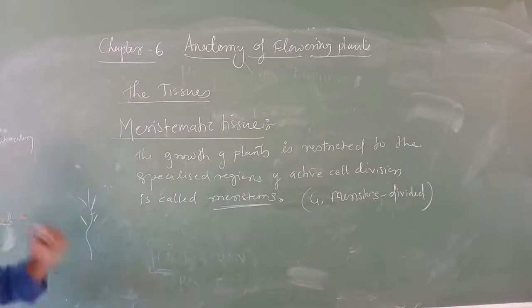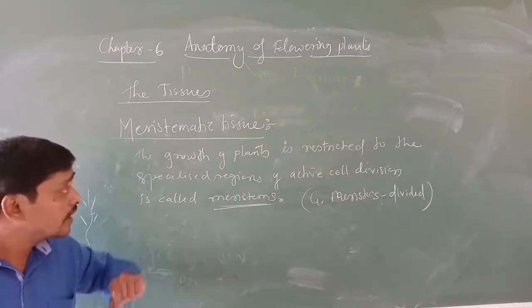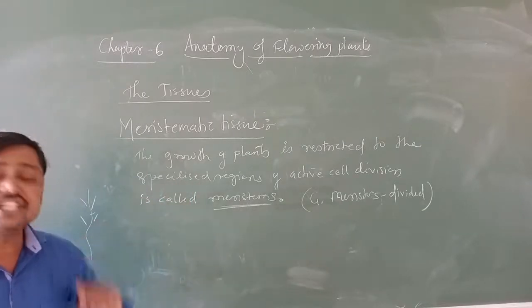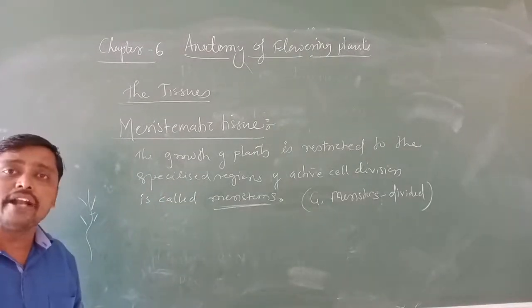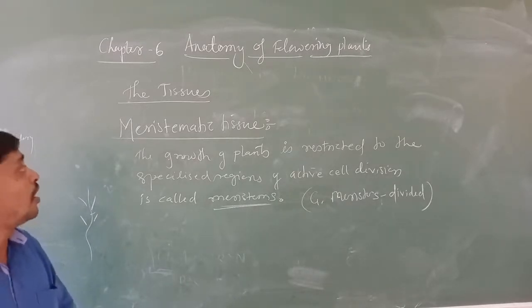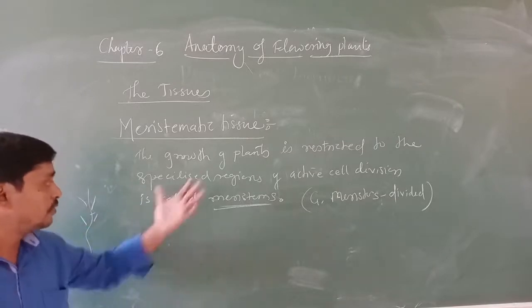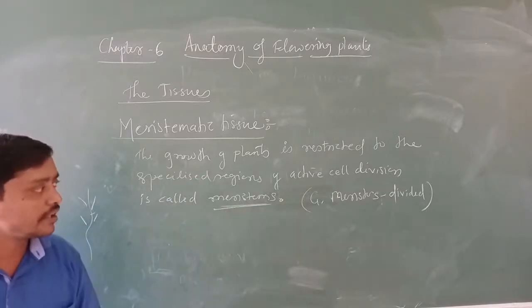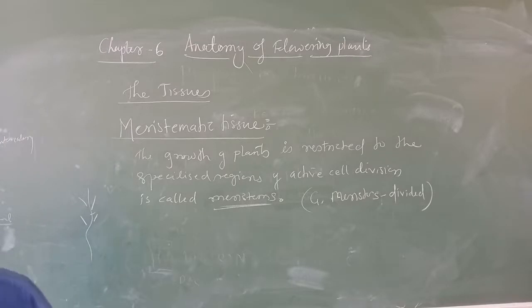In the sense that the specialized restricted regions are there, only there you are going to find the cells which are capable of dividing and redividing, and they contribute to the growth of the plant, and those are called meristems. It comes from the Greek word meristos, that is, divide, and plants have different kinds of meristems.